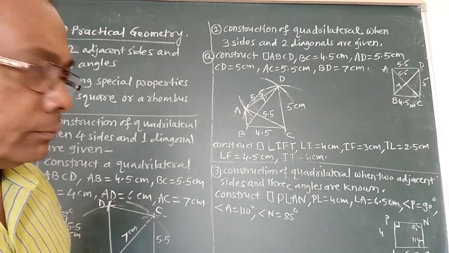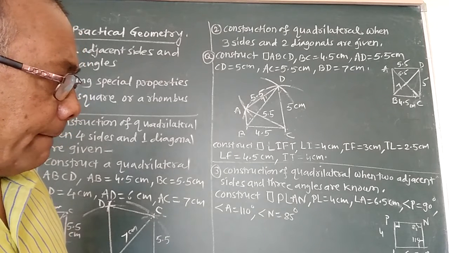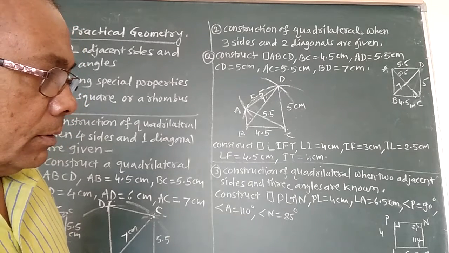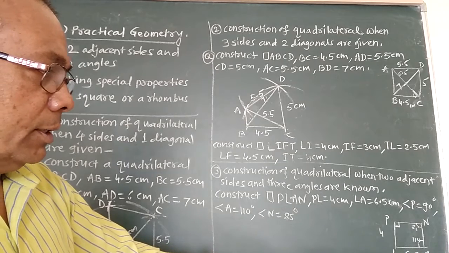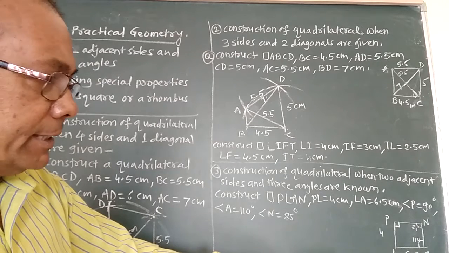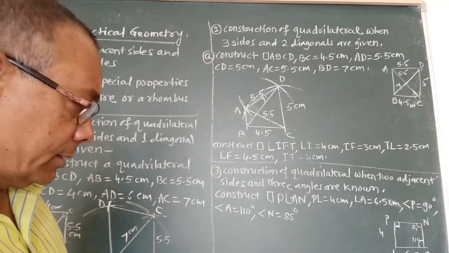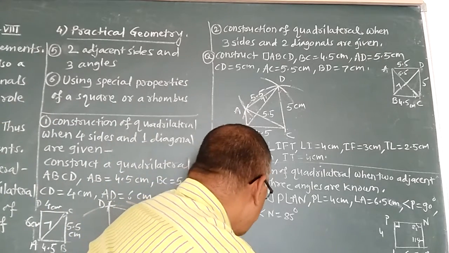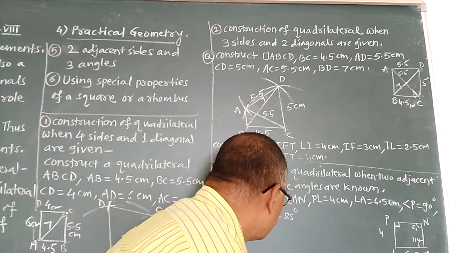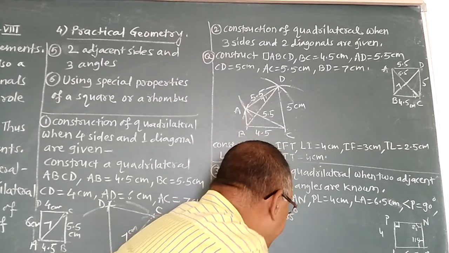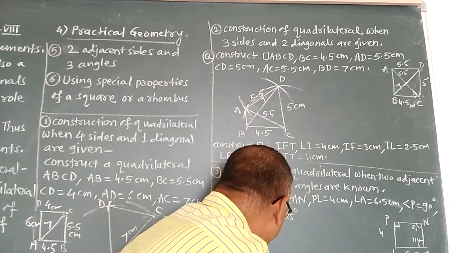Now here first of all we will draw the side or base of the quadrilateral, that is LA, 6.5 centimeter.